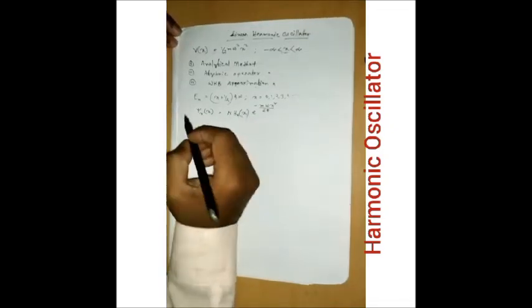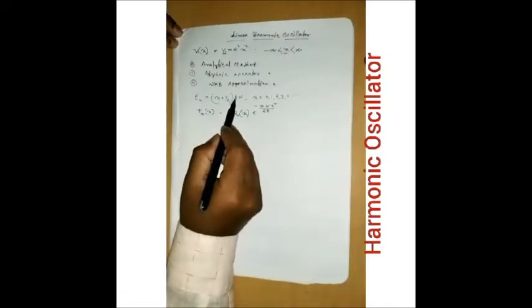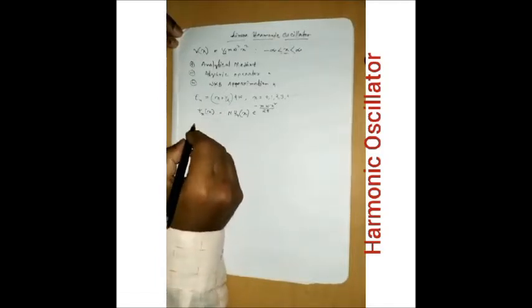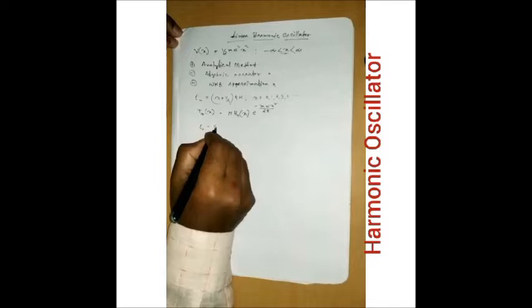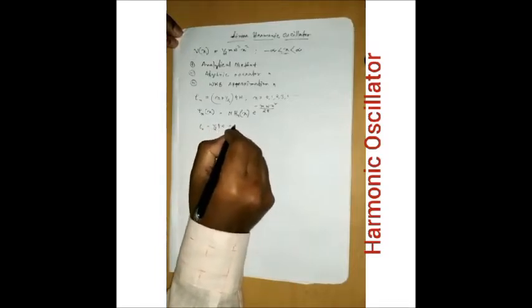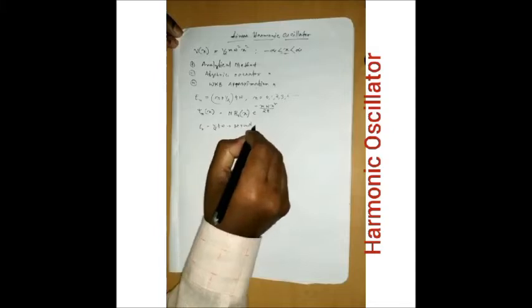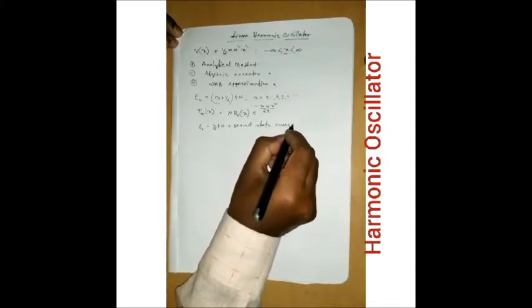Clear? Now see, let us take the energy eigenvalues. Suppose I take n equal to 0, it will be E0, and if I put n equal to 0, it is half ħω. So this is the ground state energy. Clear?